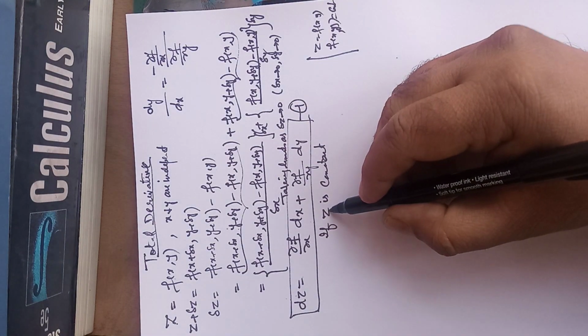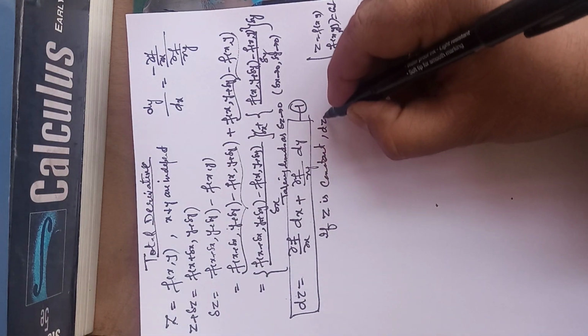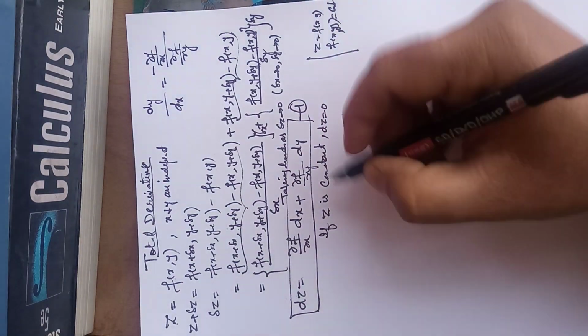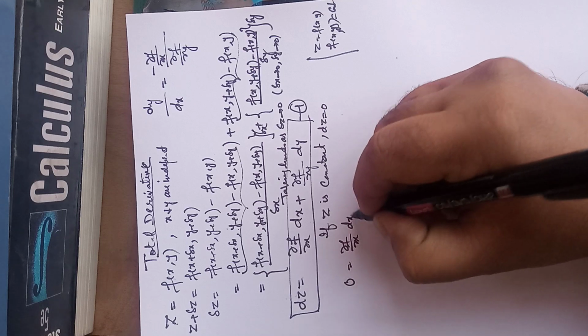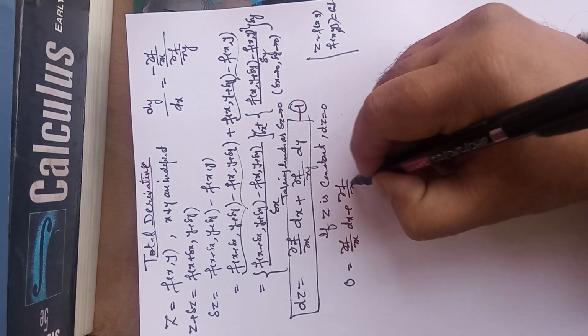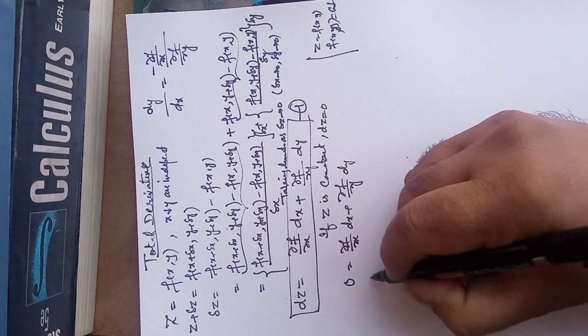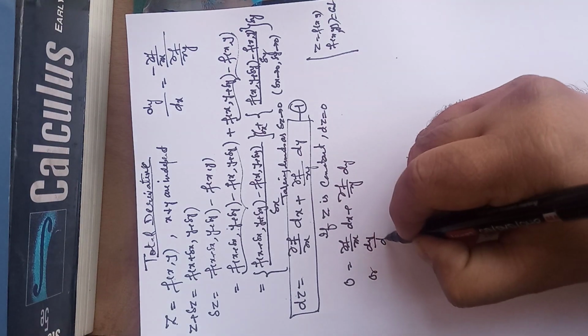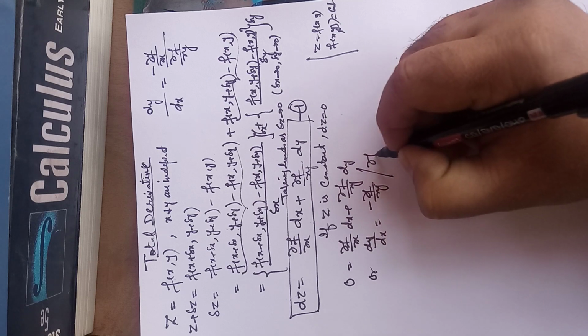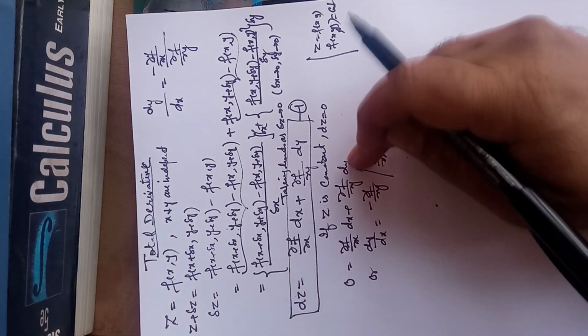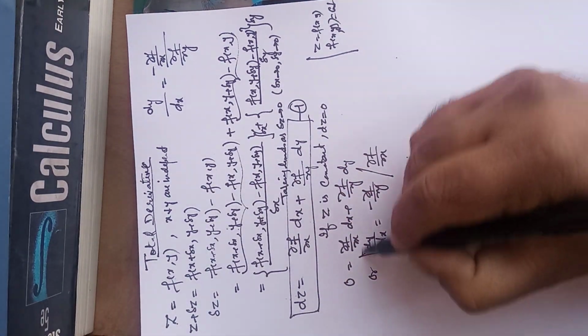When z is constant, what is dz? dz is 0. Therefore, from 1, I will get 0 equal to del f by del x dx plus del f by del y dy, or dy by dx is equal to minus del f by del x divided by del f by del y. You can find it. Okay, this is 2.